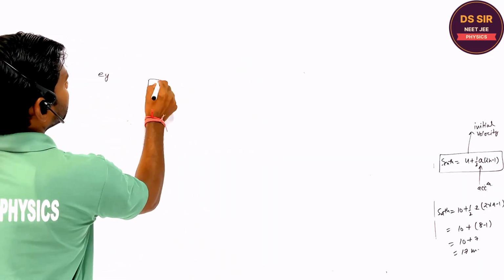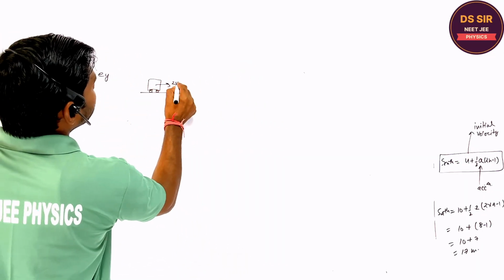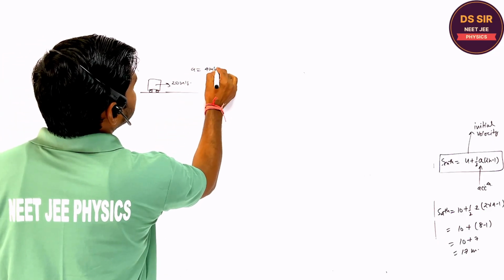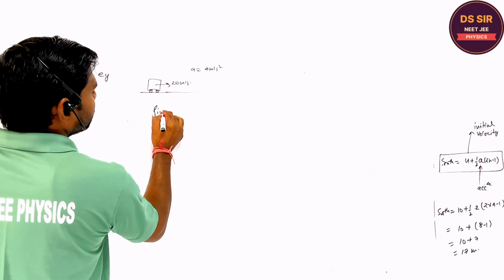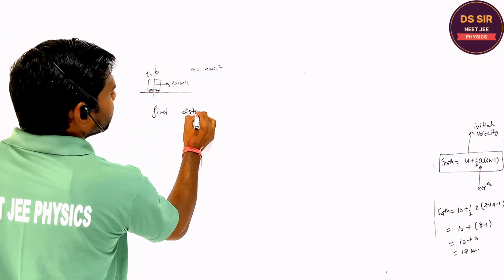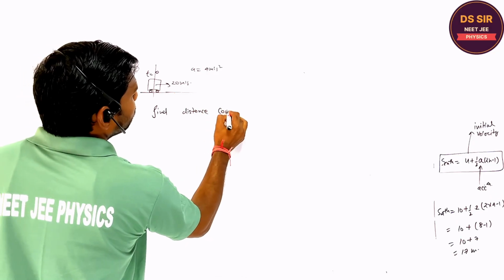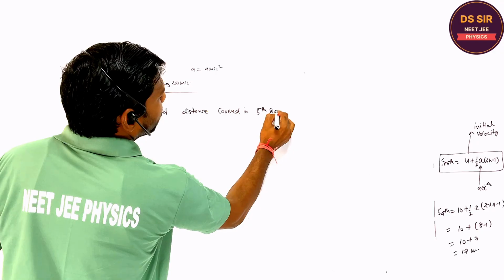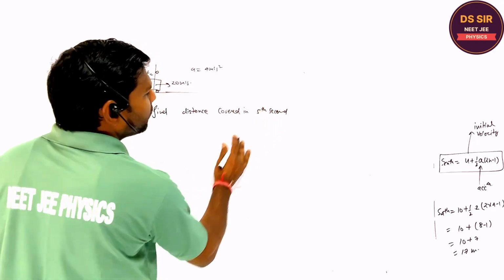For example, if the car is moving with 20 meter per second, and the acceleration is 4 meter per second square, find the distance covered in the 5th second.